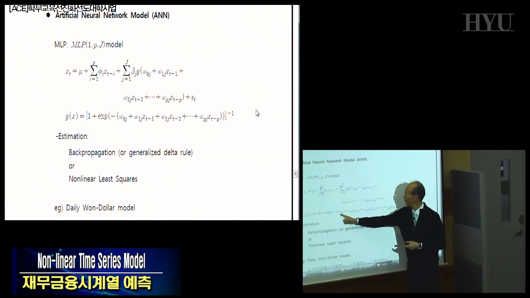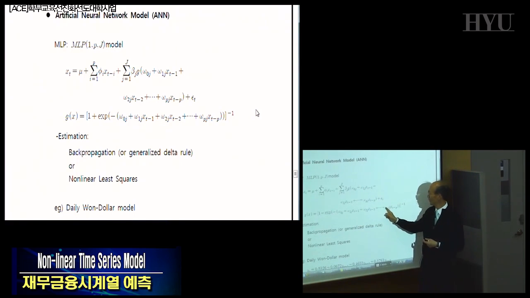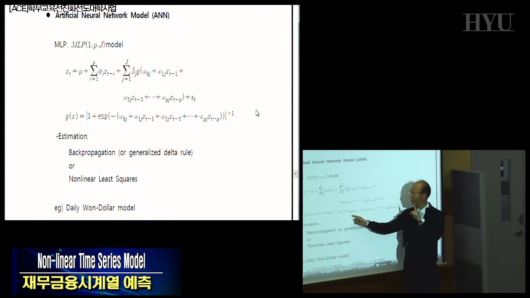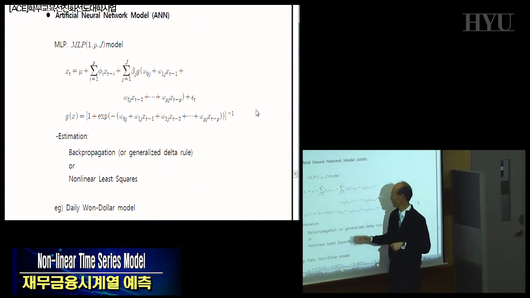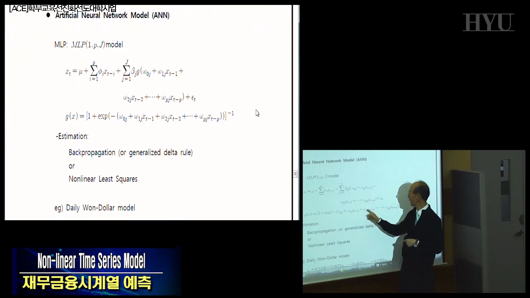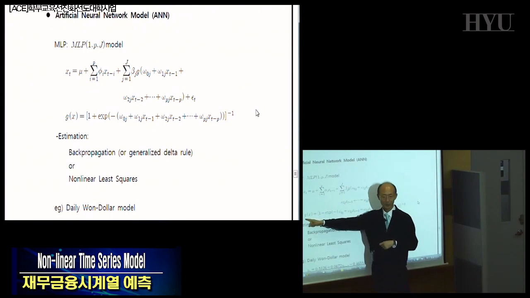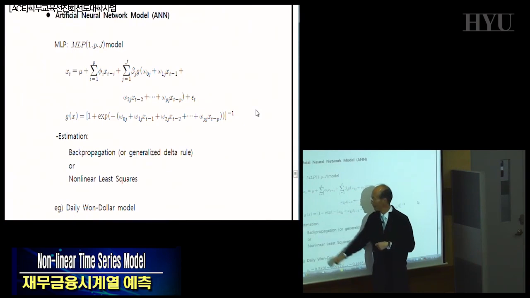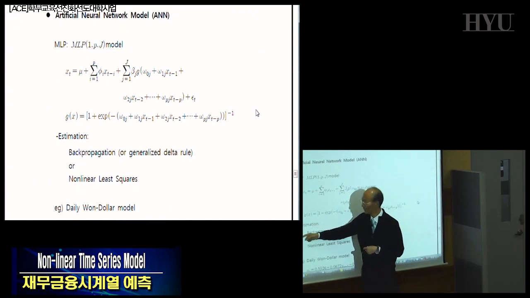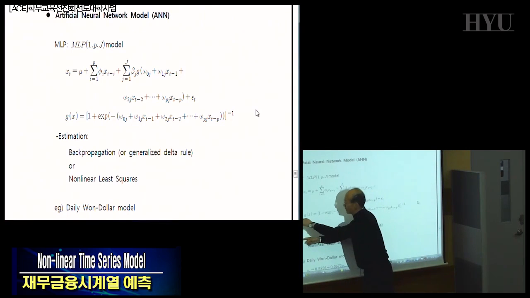You see, because these are data and these are parameters, this is some single number, and this one is a single number. You assign different weights and create different numbers. Suppose you did that. Then using those different numbers, you might create a new combination and put it back here to get another g.